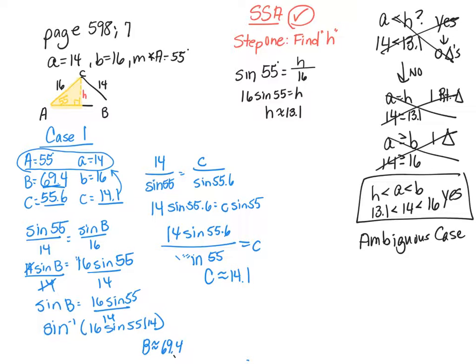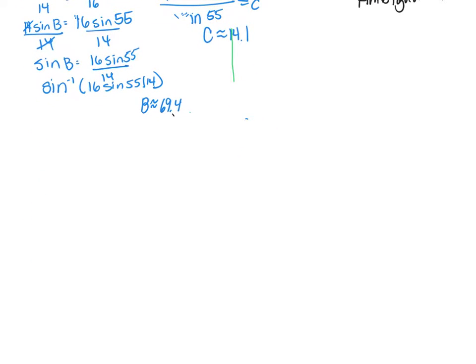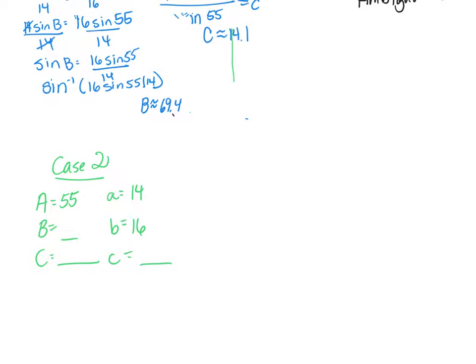Case 2, interestingly enough, has the same given. So case 2 also has that angle A is 55 degrees. It also has that little a is 14 and that little b is 16. We still have to find those same 3 missing pieces.